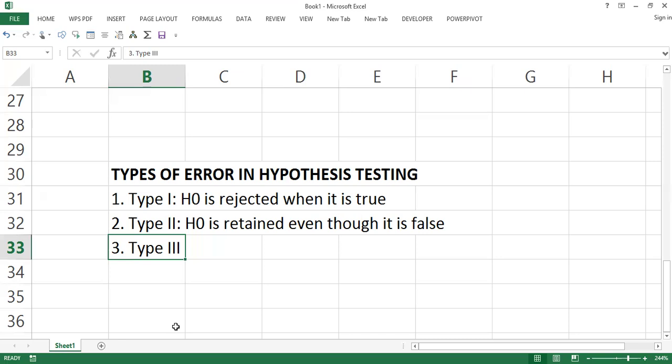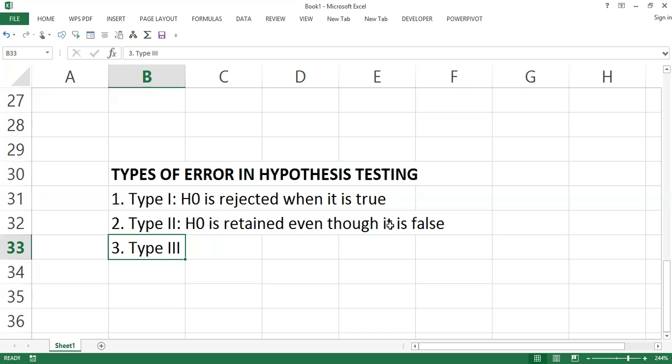Type 1 error will be saying that this person does not have cancer when indeed the person has cancer. H0 is rejected. We are saying the person is free, so he will not be treated for cancer, but the person indeed has cancer. That's type 1 error.